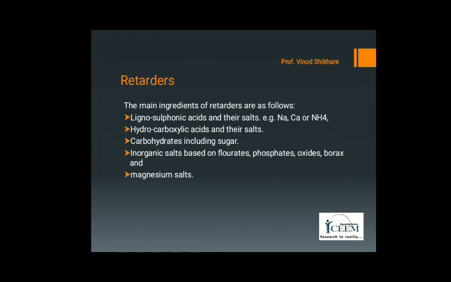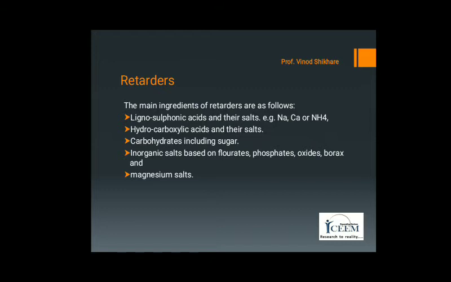They are usually a mixture of conventional water reducing agent plus sugars or hydroxylated carboxylic acid or their salt. Both the setting time and the rate of strength build up are affected by these materials.